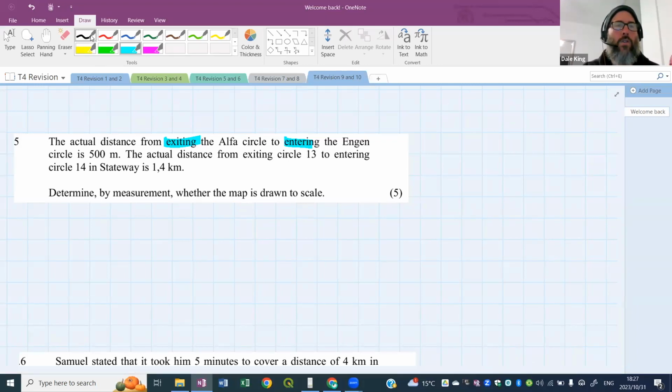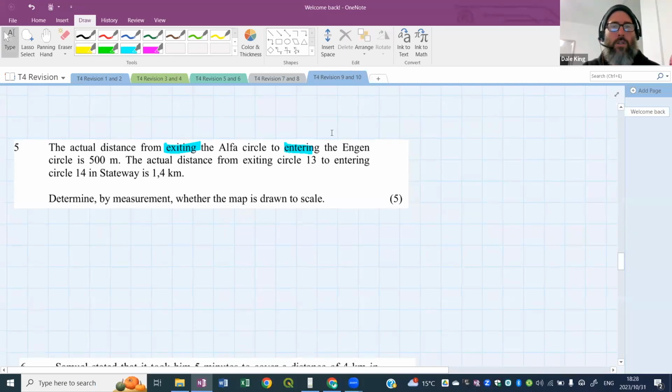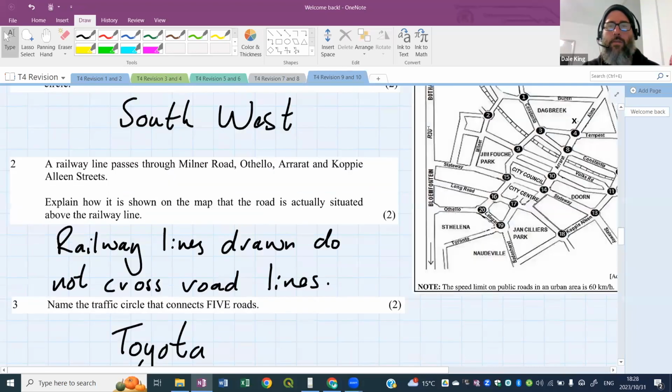Okay, so what we're going to do is, we don't have a ruler here, all right? So we're going to try and test to see, and we're going to use our own measurements here. Let's see if we can be proportionate. So exiting alpha to entering engine. Let's go to the map.